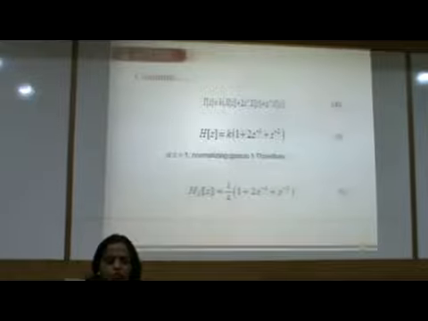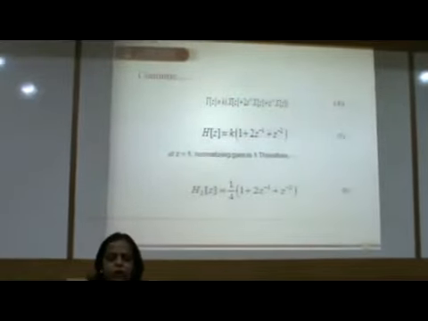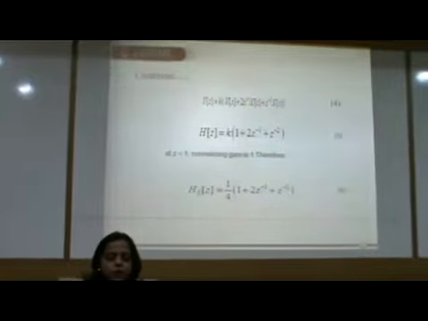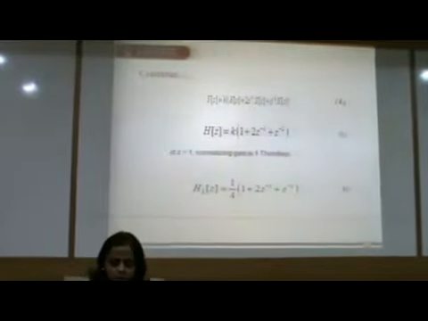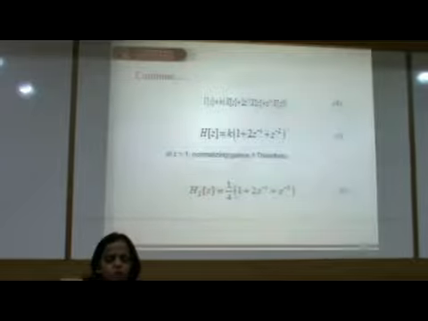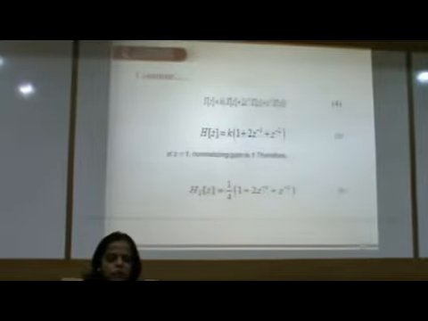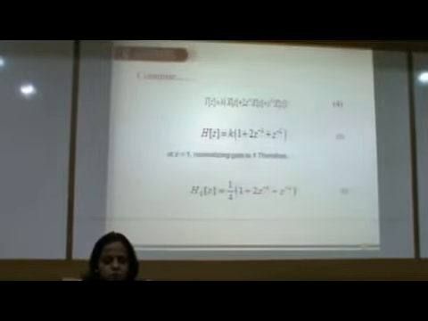So the transfer function H(z) is equal to k times (1 + 2z^-1 + z^-2). At z equal to 1, normalizing gain is 1. Therefore, finally the low pass filter response is 1/4 times (1 + 2z^-1 + z^-2).